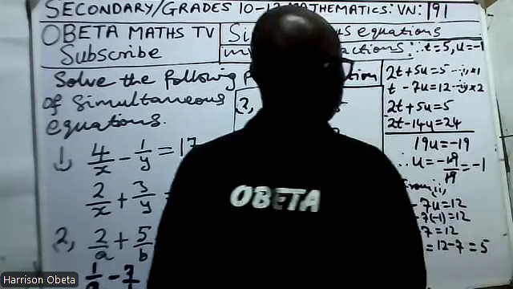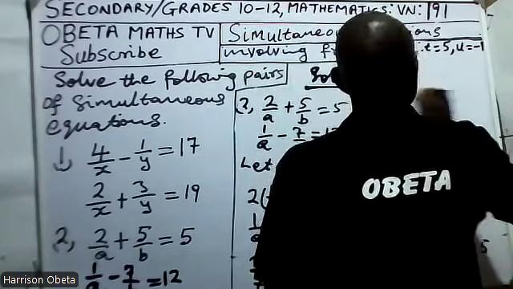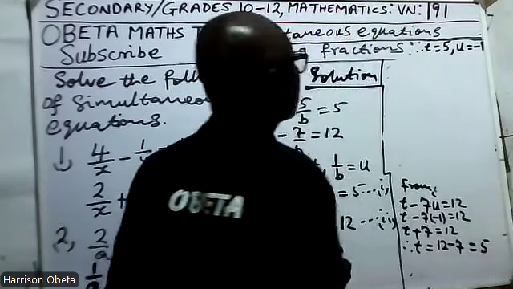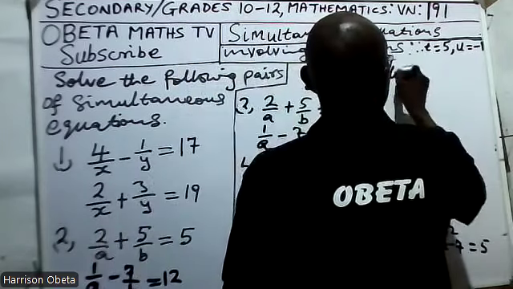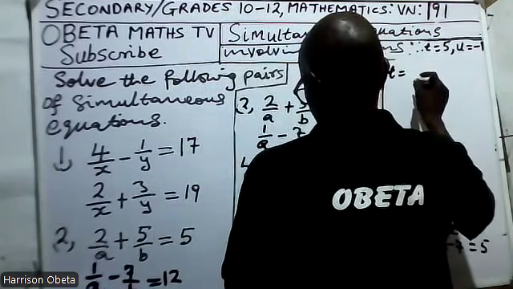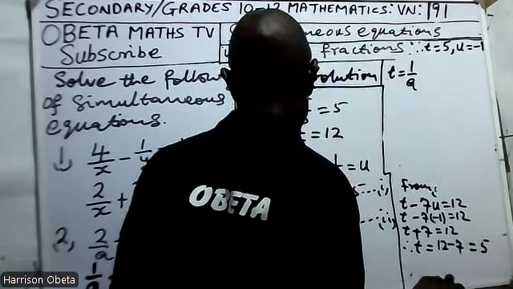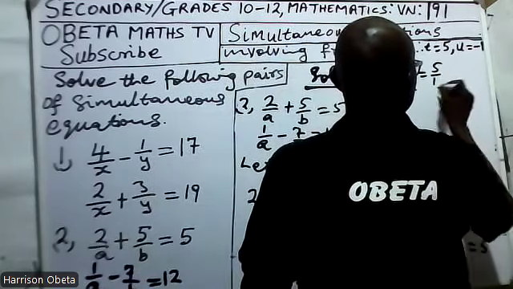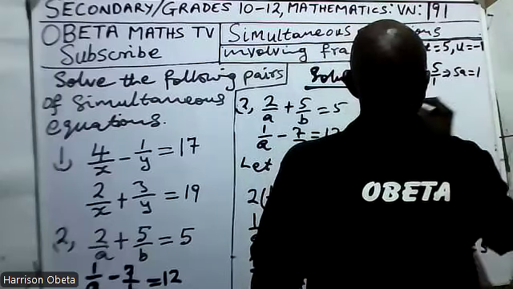So we go back and substitute. And that means we are now going to have t is equal to 1 over A, which is equal to 5 over 1. And that will lead us to 5A equal to 1.